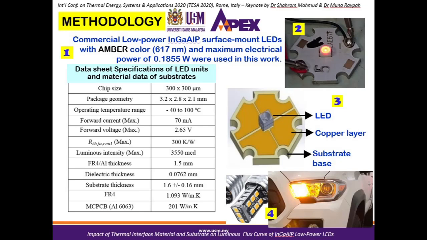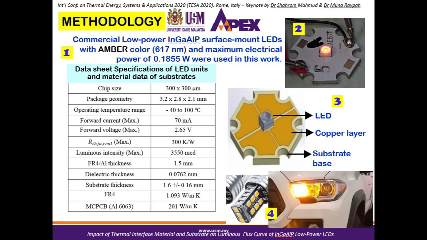The item 3 shows the basic structure of the LED package. The table on the left compiles the specification of the low power LED, and focus is given on the lower part of the table, which is the substrate thermal conductivity values.